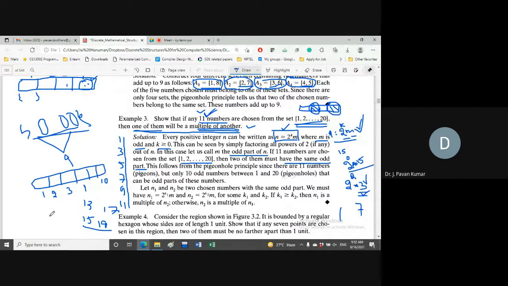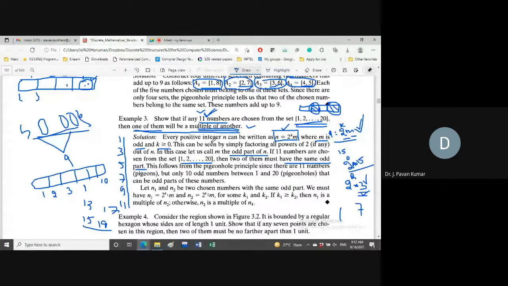Now what we are saying is, whatever the odd parts that we have got, 1, 3, 5, 7, 9, 11, 13, 15, 17, 19, these all we will consider as pigeonholes. Now you pick any 11 numbers from 1 to 20, and we will put each into the corresponding pigeonhole with respect to its odd part.